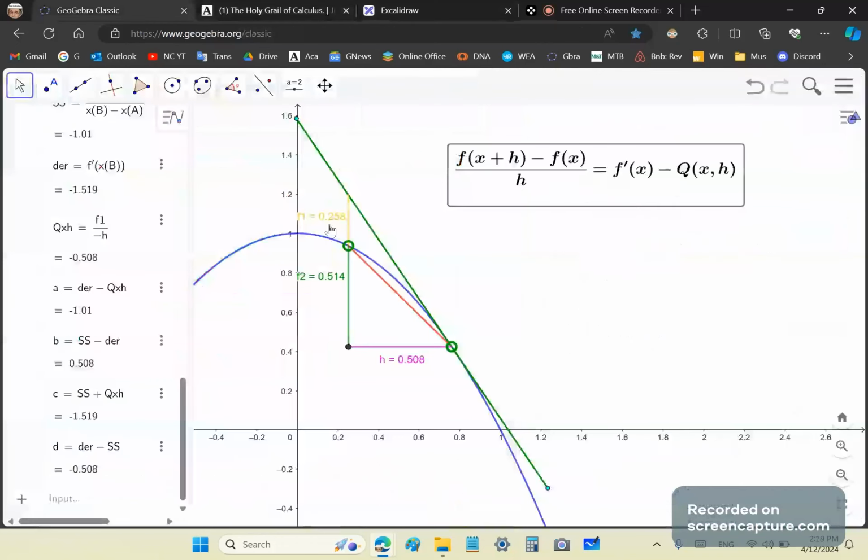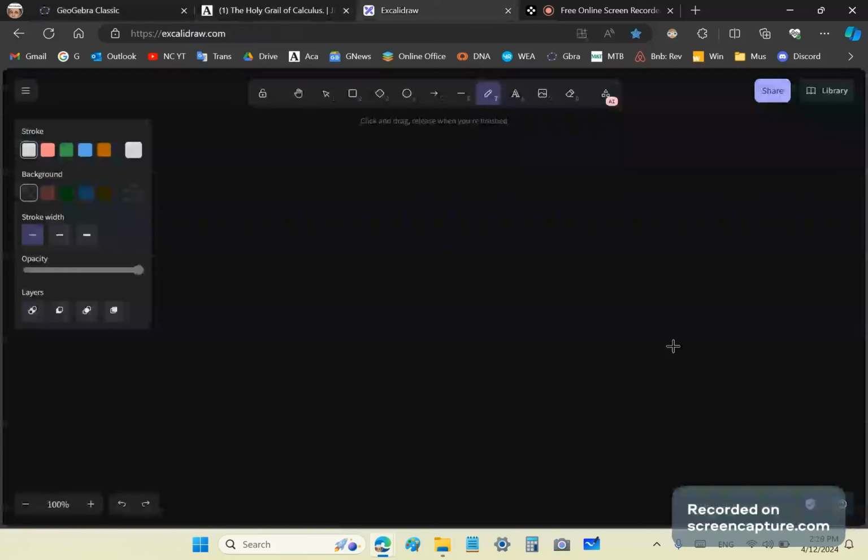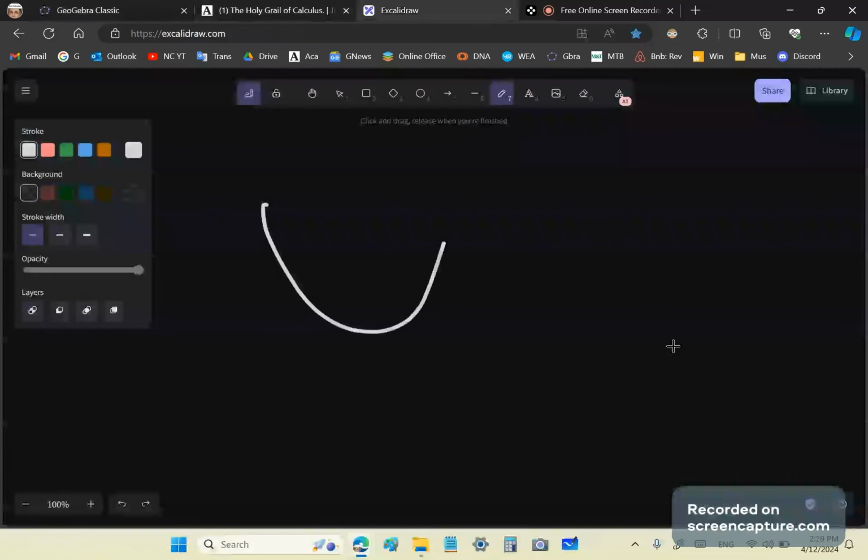Let's look at this example, which is different to the ones I usually quote or the ones I normally use. So I'd normally draw a parabola like this, and I'd draw a secant line like that. And so in this case here, if we normalize the slopes, the secant slope is greater than the derivative.